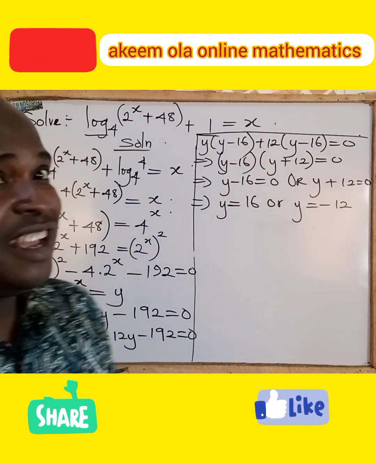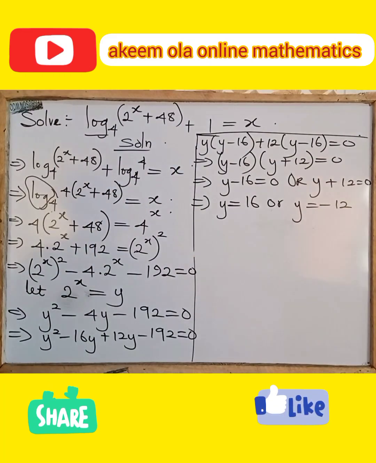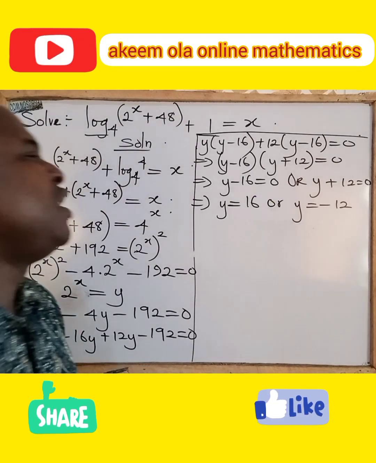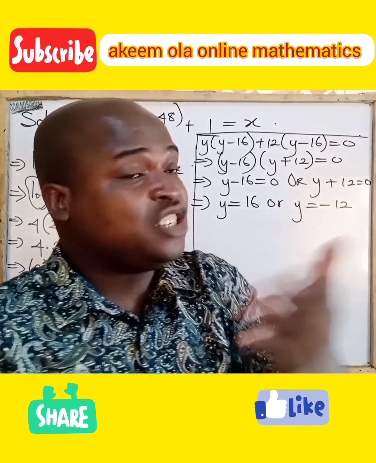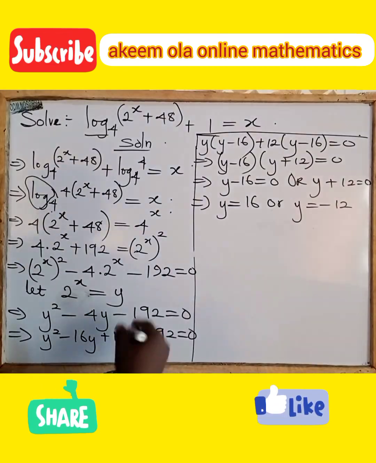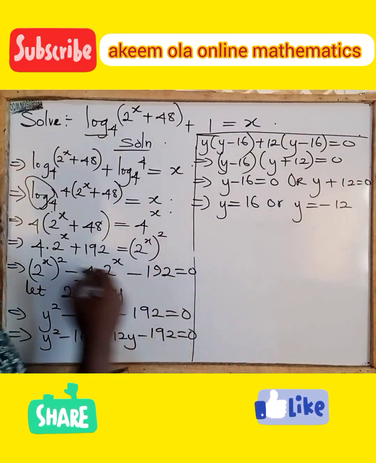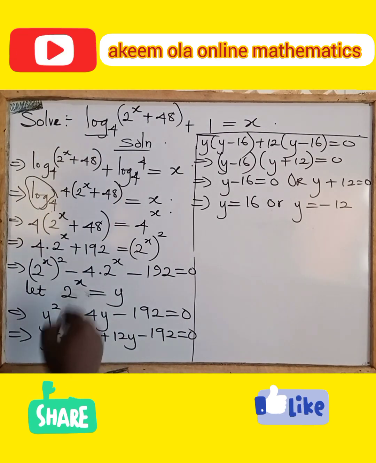Honestly, our answer needs to be positive. If our answer is negative, it is always good for us to ignore it, because it is not going to give us an answer. Now let's take the value of y one after the other, because from the original question there is a relationship between x and y.